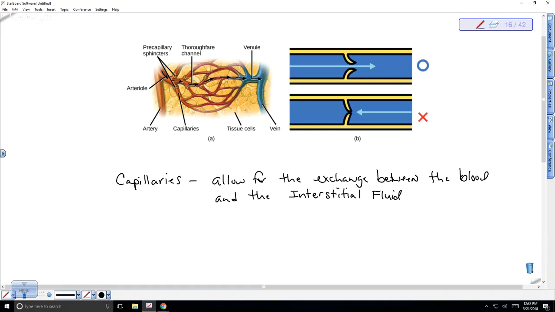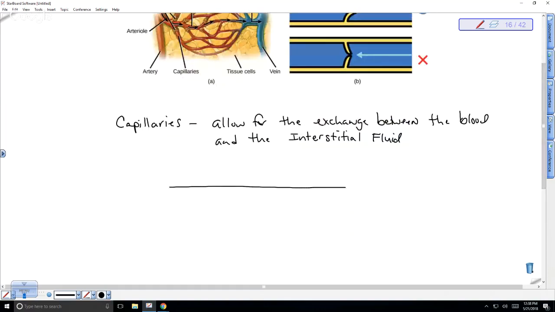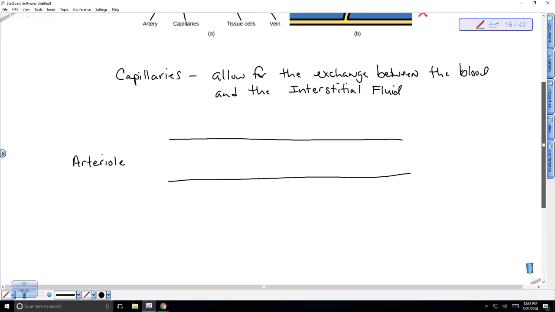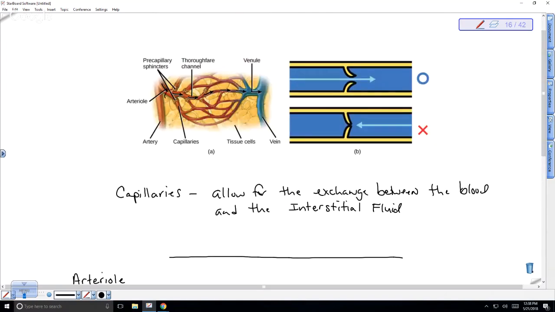So if we look at a diagram of a capillary, this is my diagram, and leading into the capillaries are what are called arterioles. So an arteriole is just a very small artery. So in this diagram, they show it. This would be my arteriole on this end right here.